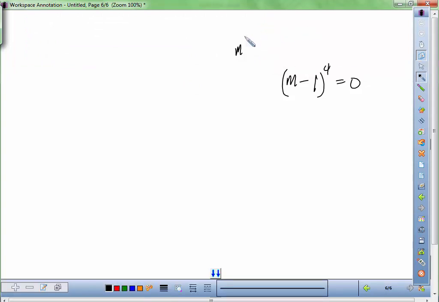This would be m to the fourth minus 4m cubed plus 6m squared minus 4m plus 1.